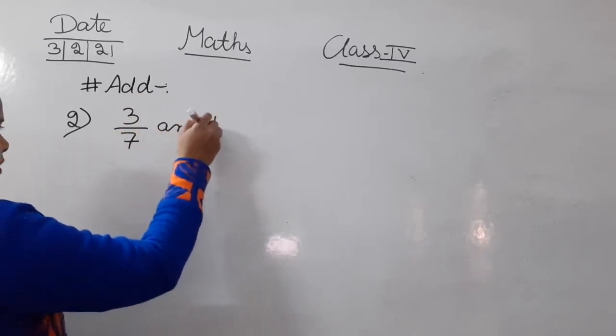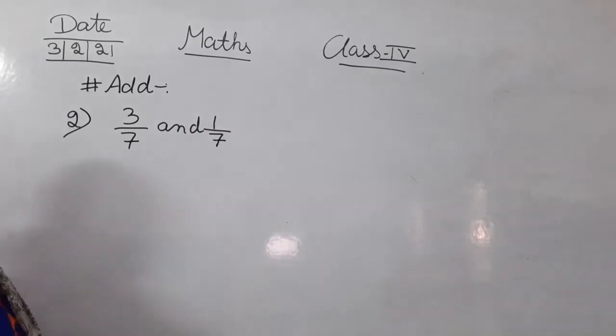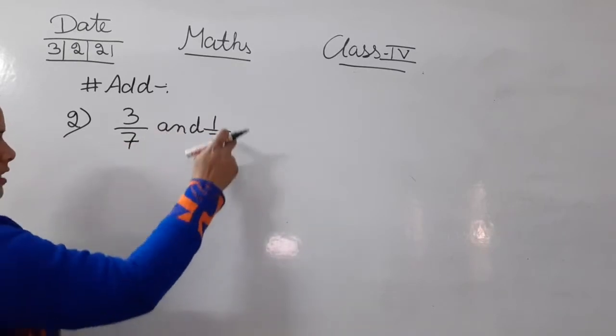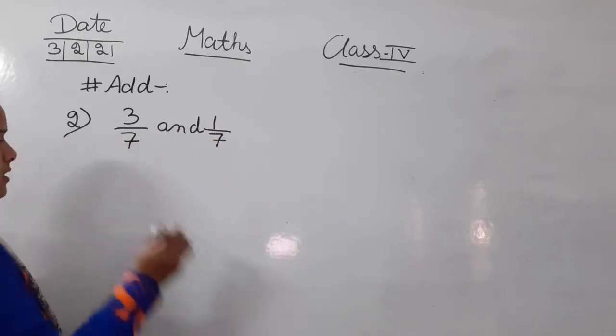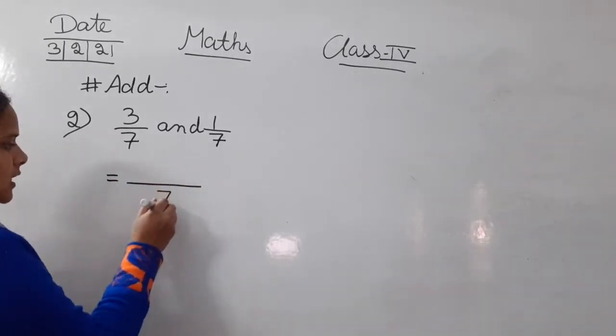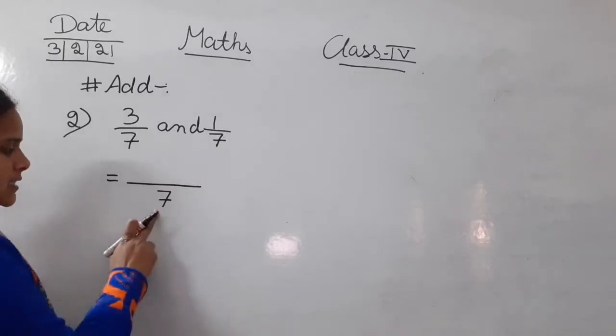We have to add these two fractions, 3 upon 7 and 1 upon 7. Let's take the common denominator of both the fractions, that is 7.